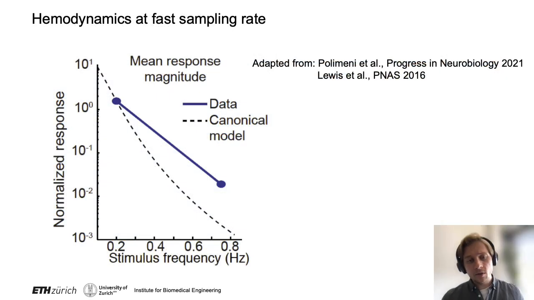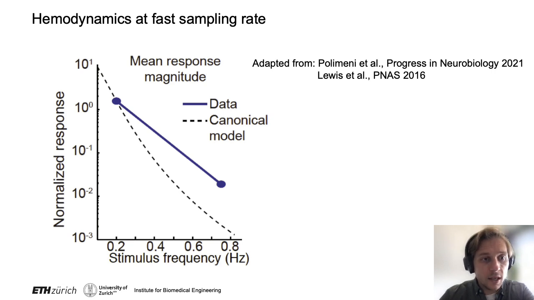So I would like to start by showing you why we think it is interesting to assess the HRF at a high sampling rate. Here I show a picture which I adapted from a paper by Polimeni and colleagues, where they presented an oscillating stimulus to the participant in the scanner. And then they measured the magnitude of the response to this oscillation in the brain.